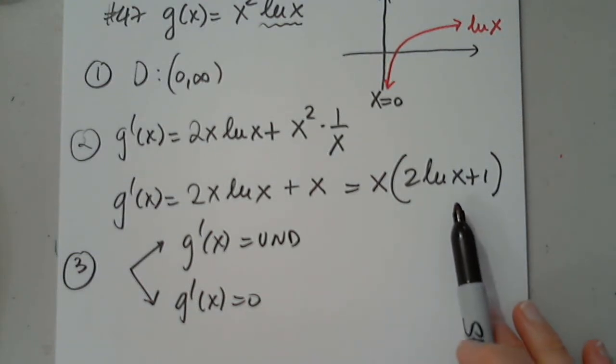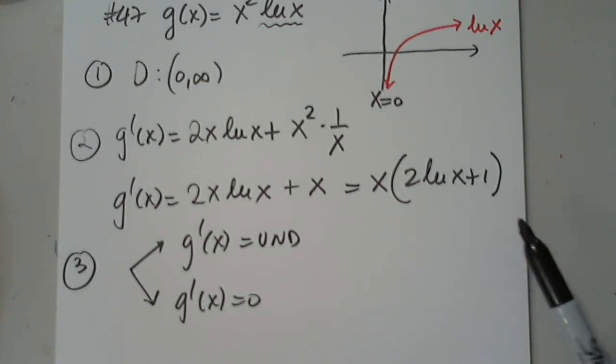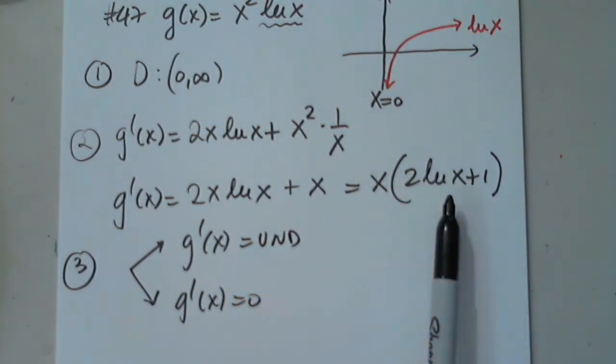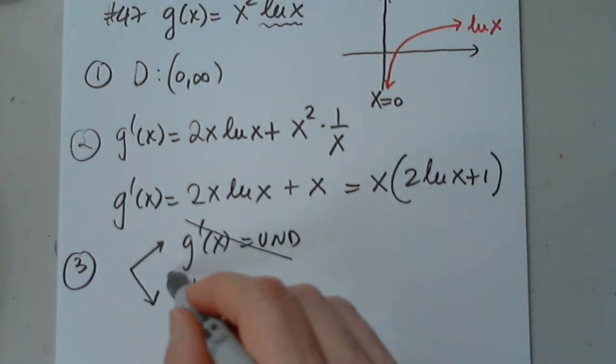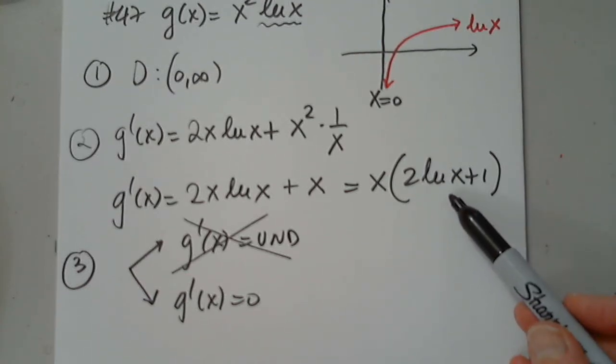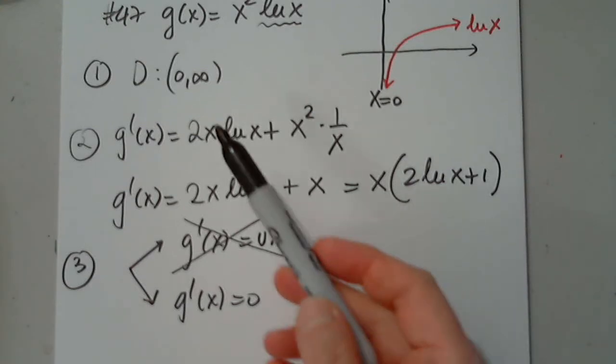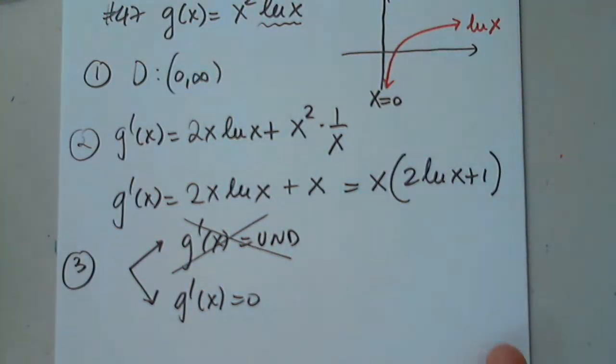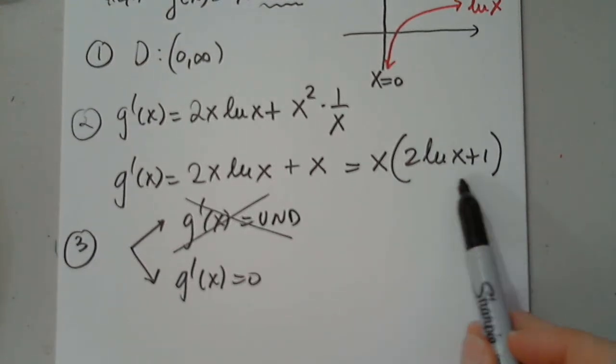So now let's look at this function. Where is this function undefined? Well, it's undefined at the same values as the original function is. So I will not find critical numbers coming from undefined. This is undefined for negative numbers and 0, but so is the function. So no undefined situation. Now this is a product.